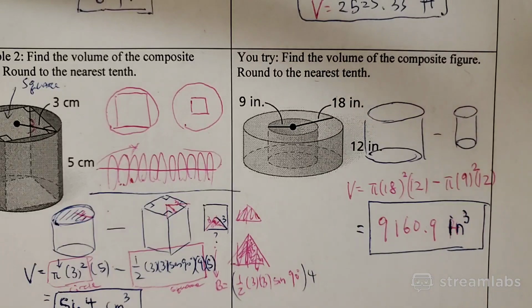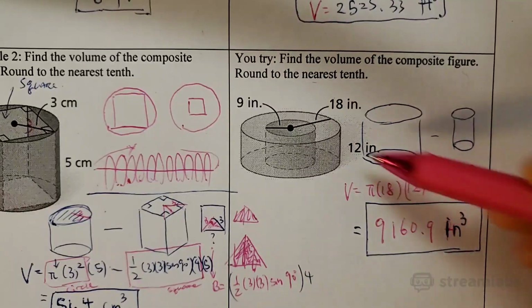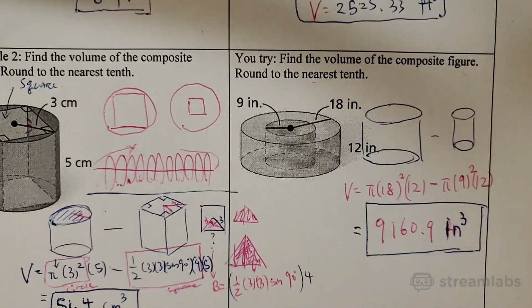After we talk about cylinders, I'm going to take some time to talk about pyramids and cones. Yeah, 12, because the height is 12. 18 squared and 12. Times 12, because the height for both of them is 12. And you want to get the volume, right?